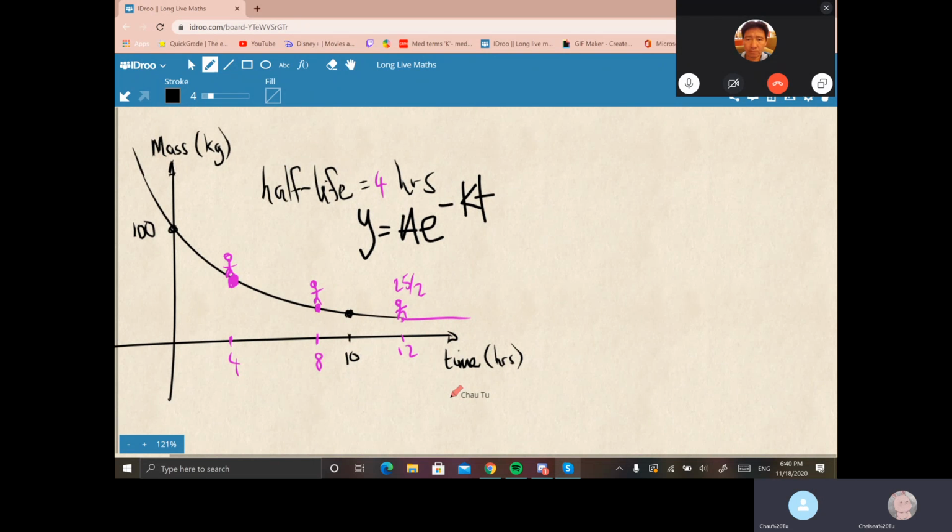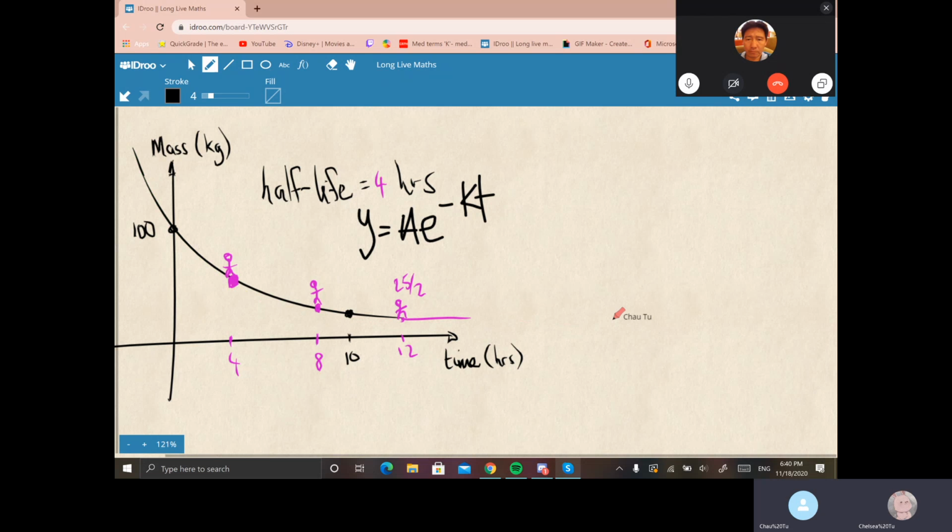How many hours are we doing? The half-life is 4 hours. No, what were we trying to find? I want you to come up with the formula for this line, for this graph. 4 hours. Well, is that the formula? So the formula is y equals 4?